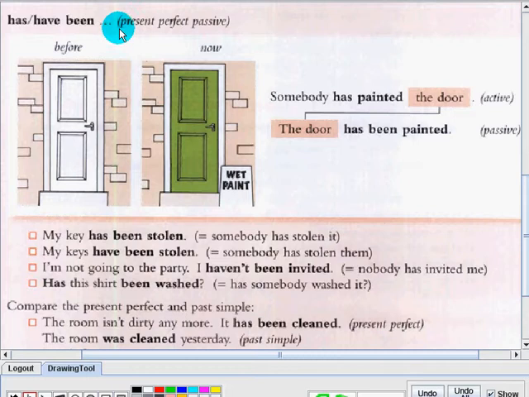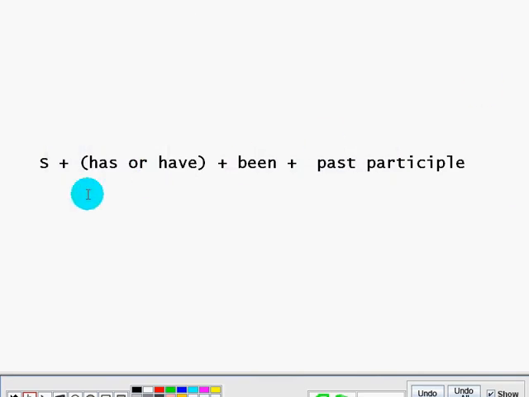Again, present perfect passive. There is a pattern that we have to study and remember when we make present perfect passive sentence. First is our subject plus the auxiliary verbs, which are has or have, depending on our subject. Okay?